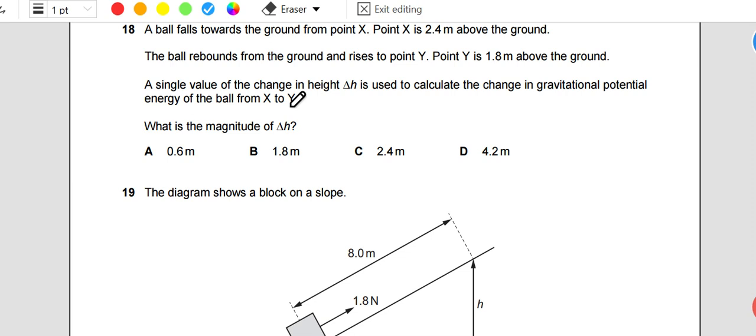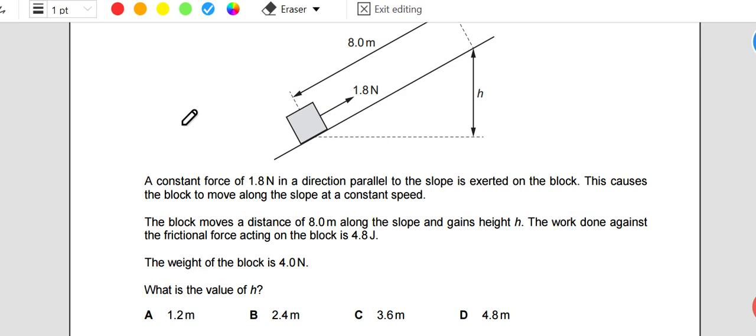A single value of delta h is used to calculate delta GPE, which is this value, certainly 2.4 meters, and when the rebound was to 1.8 meters, we have the change in delta h to be the difference. It will be 0.6.